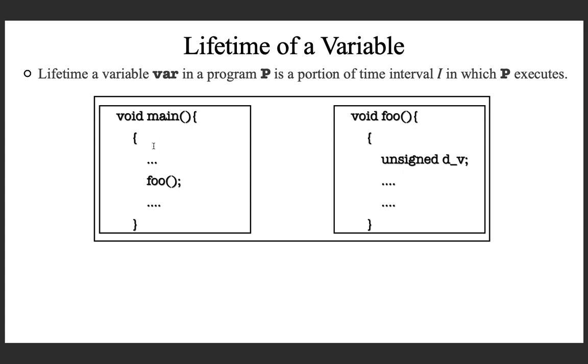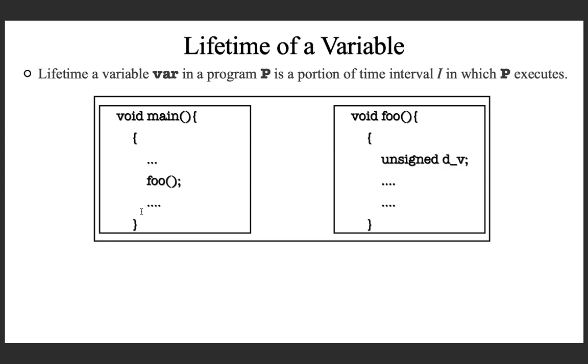What is the function main doing? It executes some statement and then it makes a call to the function foo. And after the function foo returns, it executes main for some more time and then it finishes. That is the program.